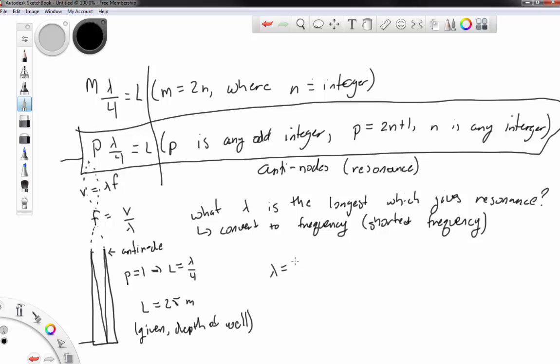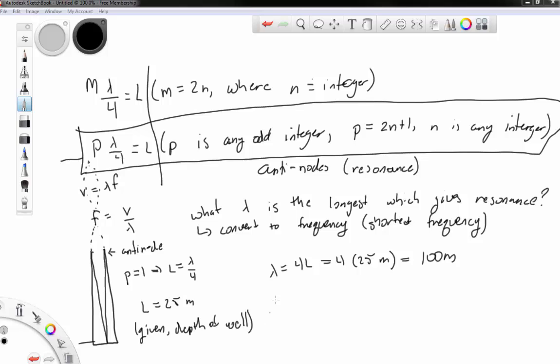So lambda has to be 4 times L, which is 4 times 25 meters, which is 100 meters. Okay, so that's the longest wavelength for which resonance can be produced in this well.